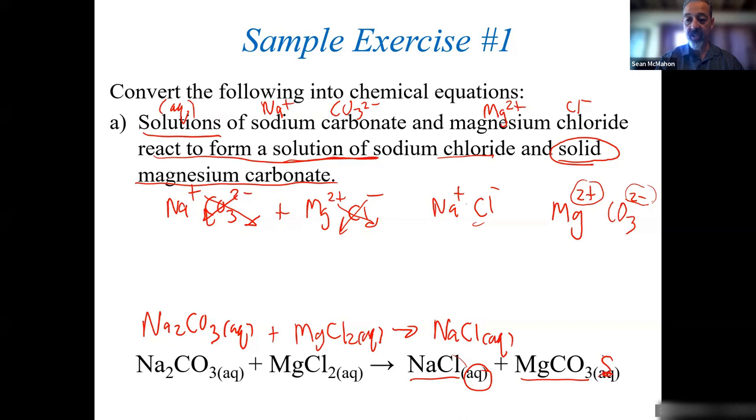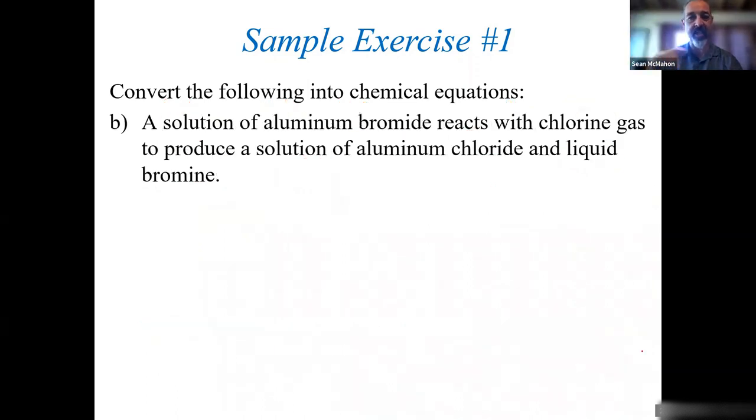This should be a solid, magnesium carbonate. So see, your teachers can make careless mistakes too when they're tired. But we caught it, we're all good, okay? Now, we'll see that this isn't balanced, okay? But that'll be the next exercise. Let's focus on just writing it out.